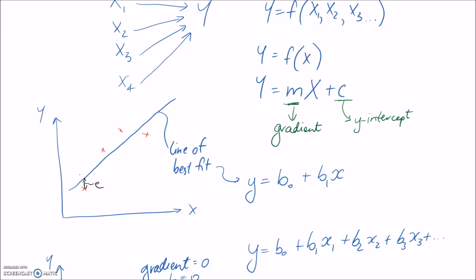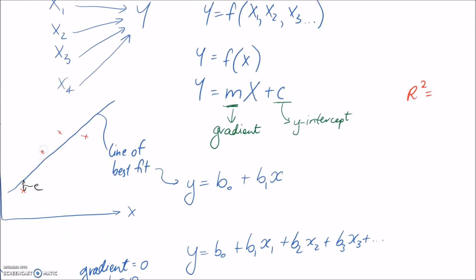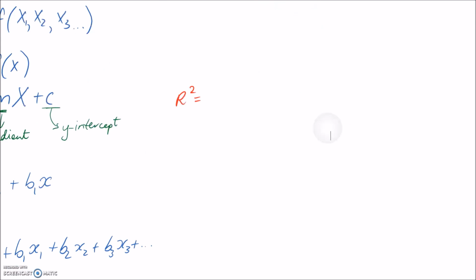There's a way of measuring this, and it's known as the R-squared value. I'm not going to go through the maths of it, but basically this R-squared value adds up the error between your points and the line of best fit, and it will give you a number associated with it. So I'm going to put measures quality of fit here.